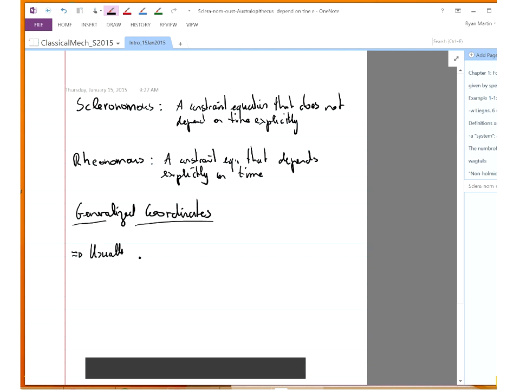Usually the minimum number of coordinates after constraints to describe a system.